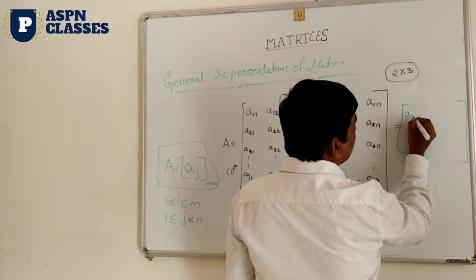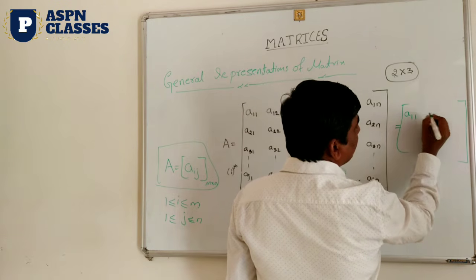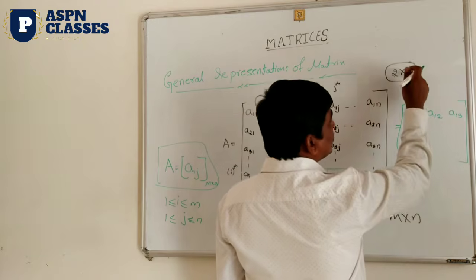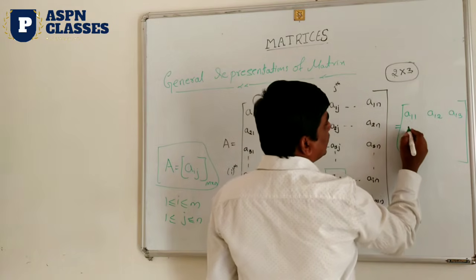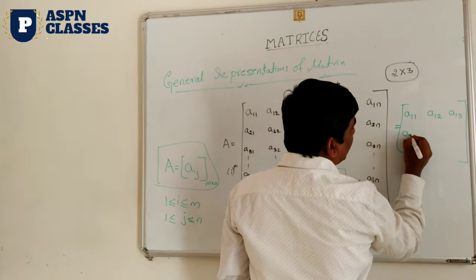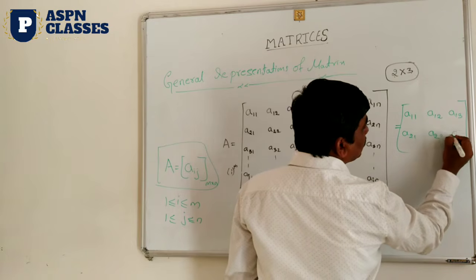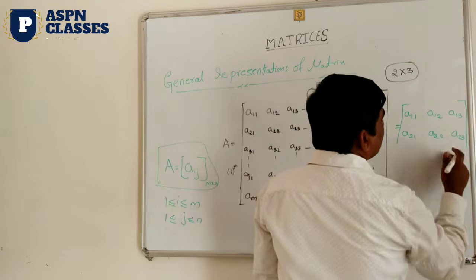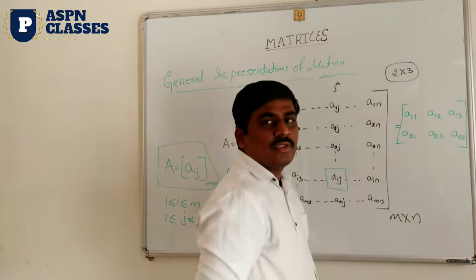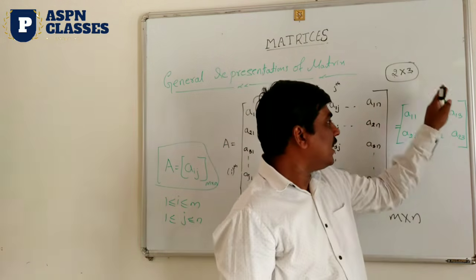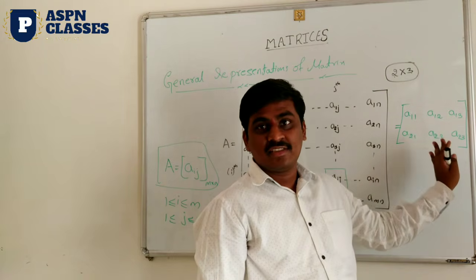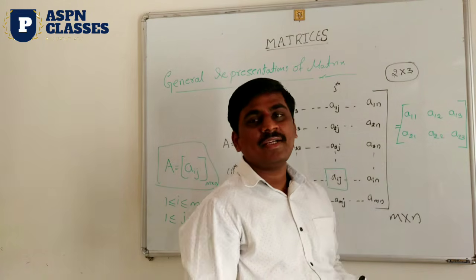First row: A11, A12, A13, because 3 columns are there. And second row: A21, A22, A23. Now check the order of this matrix: 2 rows and 3 columns. This is how you construct the matrix.